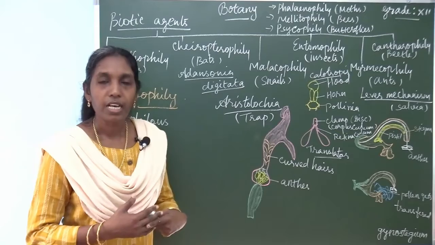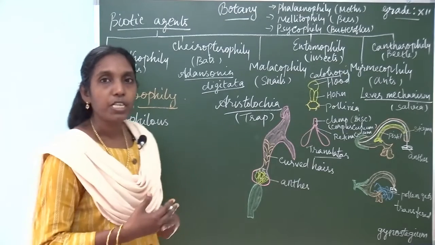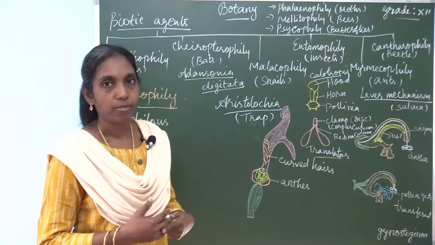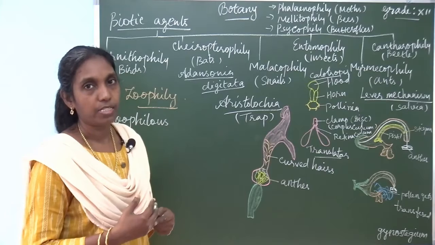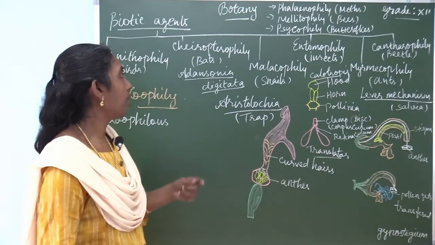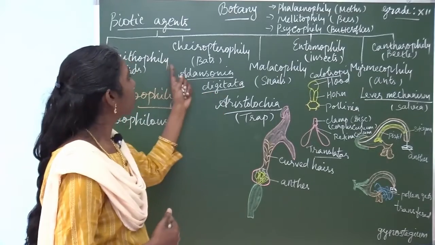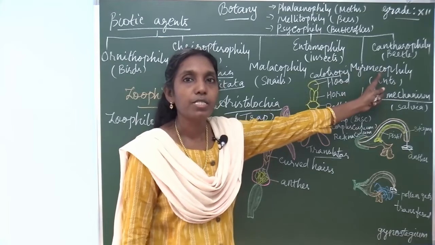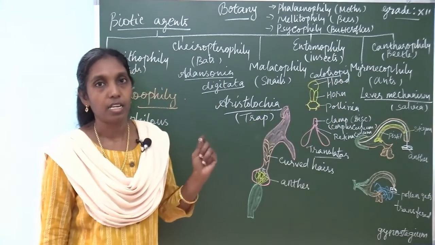Let's go in brief. There are some mechanisms and adaptations which the flower possesses to attract animals for effective pollination. Let's see a few examples. So first, learn the classification. What are the different types of biotic pollination? What are the agents involved?